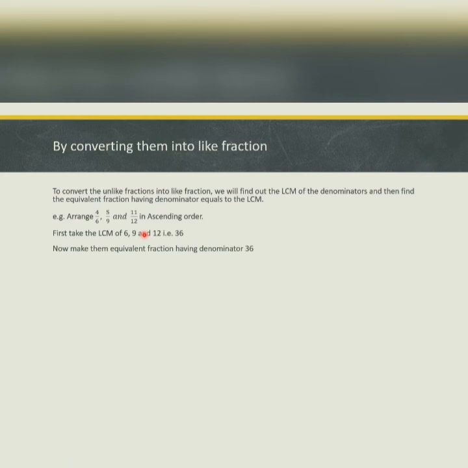Now you will convert them into equivalent fractions having denominator 36. To do that, you will multiply by a number so that the denominator becomes 36. That is, if you multiply 6 by 6, you will get the denominator 36.